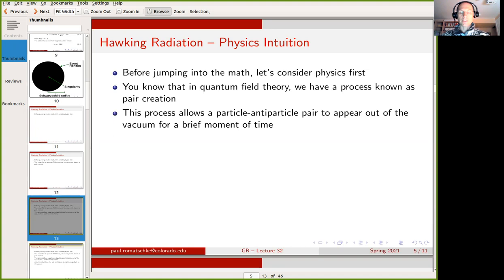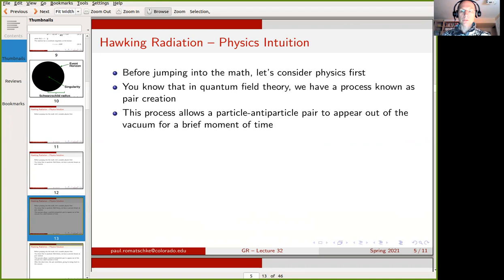What pair creation is that because of the quantum uncertainty relation, it is possible for a particle-antiparticle pair to pop out of the vacuum, so out of nothing, for a brief period of time. This is allowed because having a particle-antiparticle pair is equal to basically some amount of energy. Basically it's the energy of the rest masses of the particle and the antiparticle, as well as their kinetic energy.